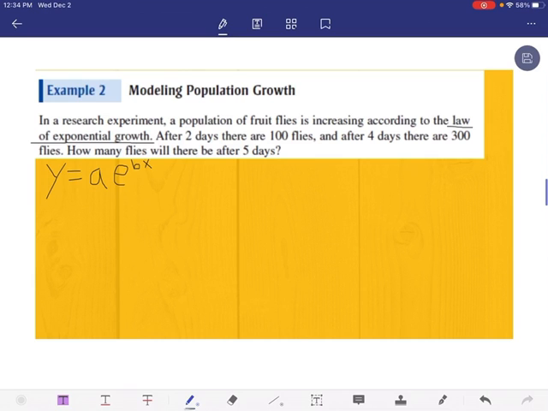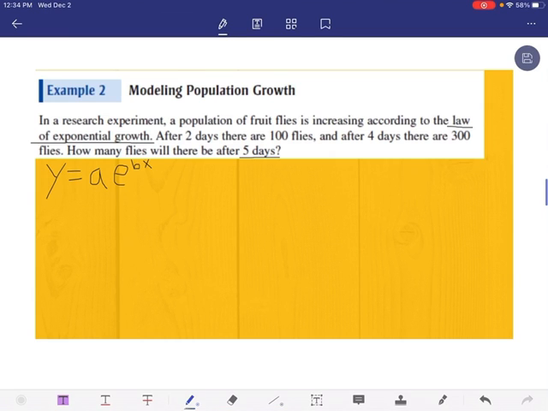Our x is our time, and so we know eventually we're going to want to plug in 5 days into our x. However, we should notice that right now we also have an a and a b value, and we don't have any numbers to plug in for that. And so in order for us to be able to figure out how many flies there are after 5 days, we need to know what a and b are.